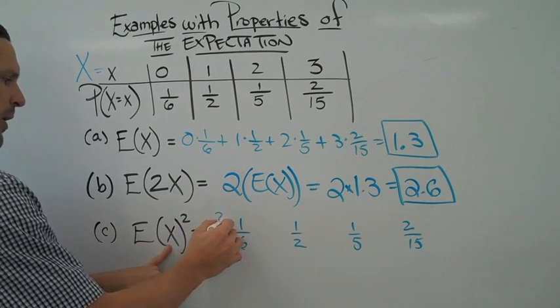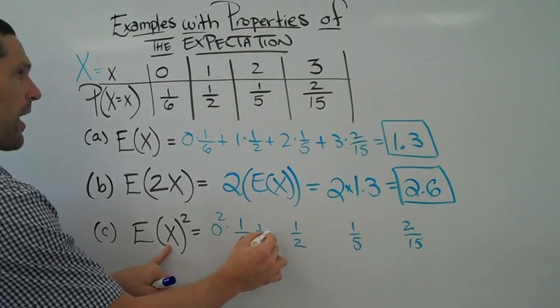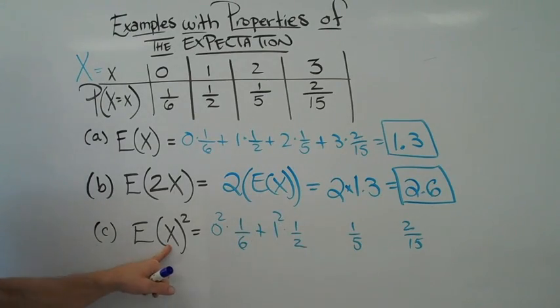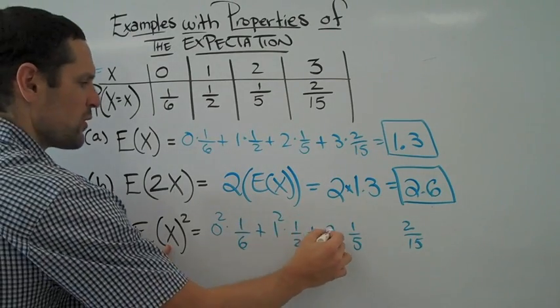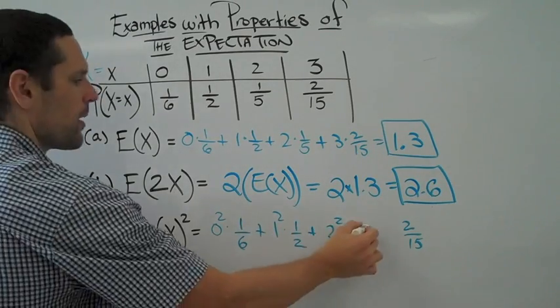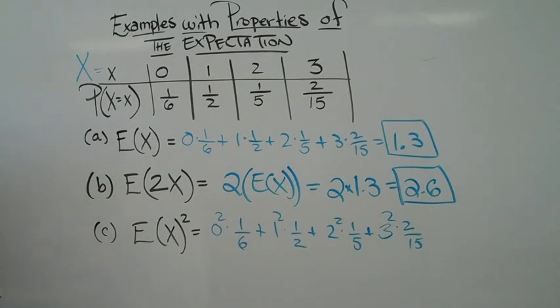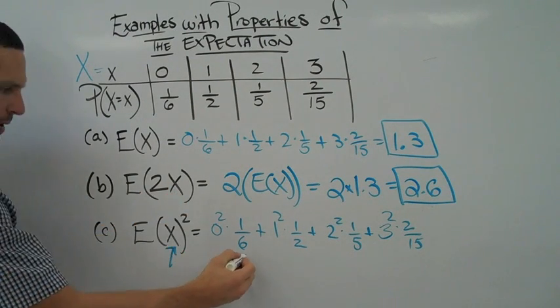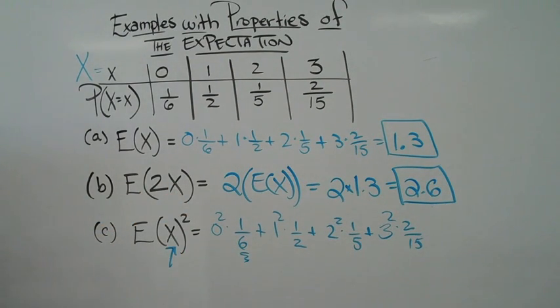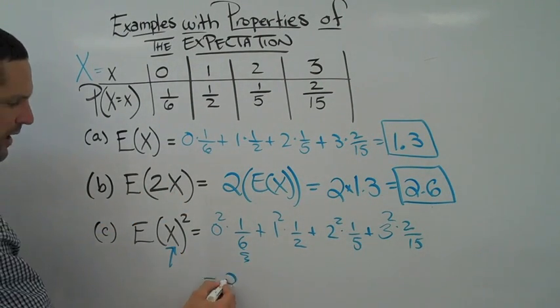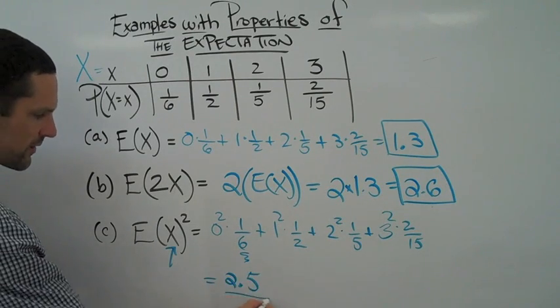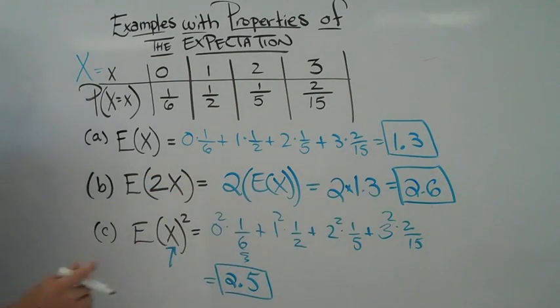So it'll be 0 squared times 1/6 plus 1 squared times 1/2 plus 2 squared times 1/5 plus, last but not least, 3 squared times 2/15. This is saying take the x value and square it before you multiply it by the probabilities. And when you do that, you get 2.5. I will save you the work there, but it's just a matter of plugging that into your calculator or using old-fashioned math.